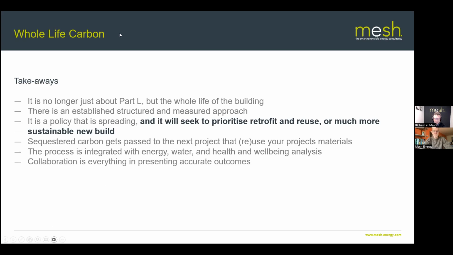It was the fact that the thinking by local planners, and a lot of this is, dare I say it, there's some social political influence coming in here, is to prioritize retrofit and reuse, or alternatively, if your retrofit and reuse is not viable, then you at least need to prove that your new build is going to be as sustainable as you can possibly make it.